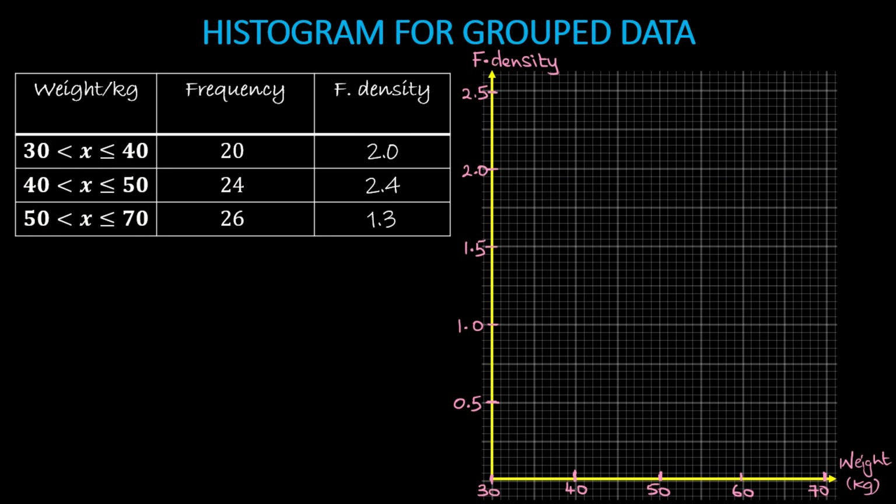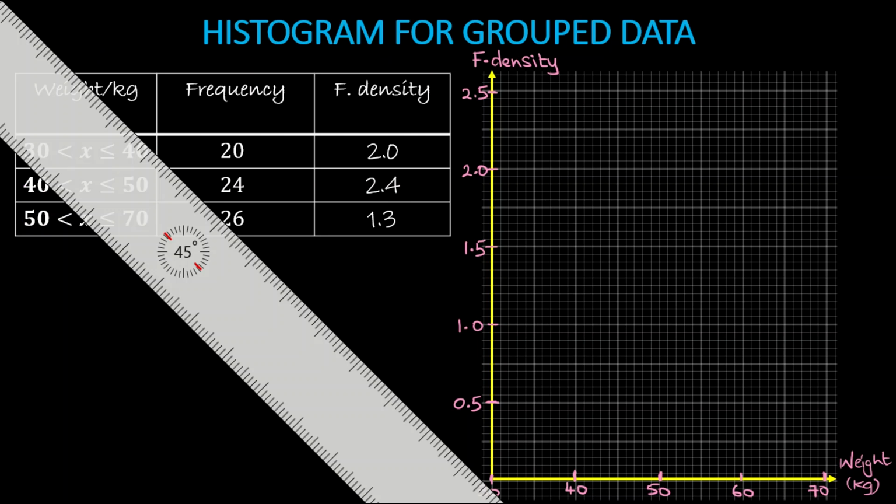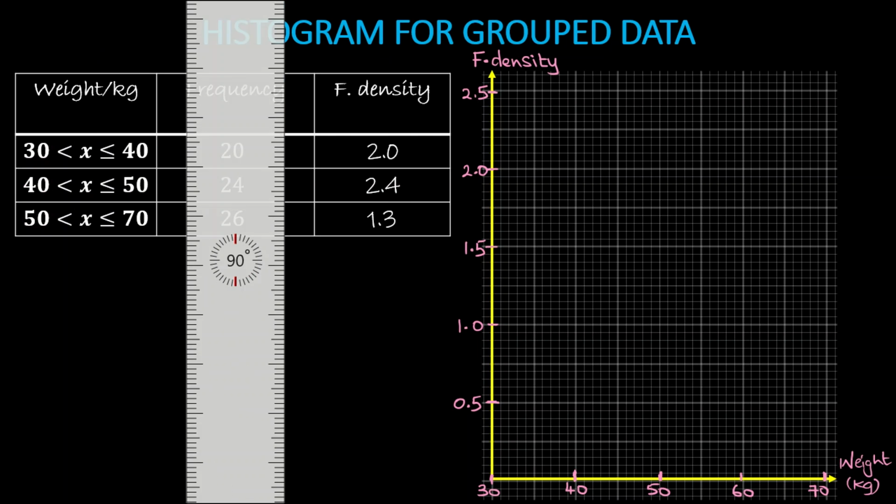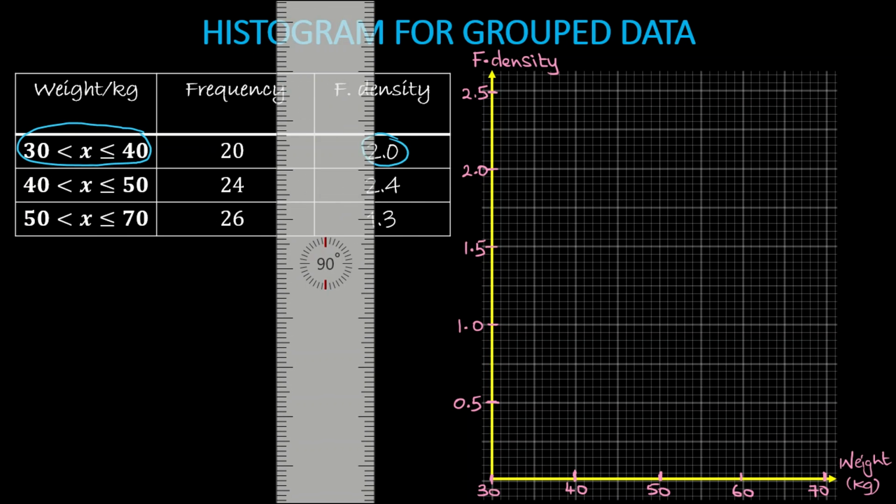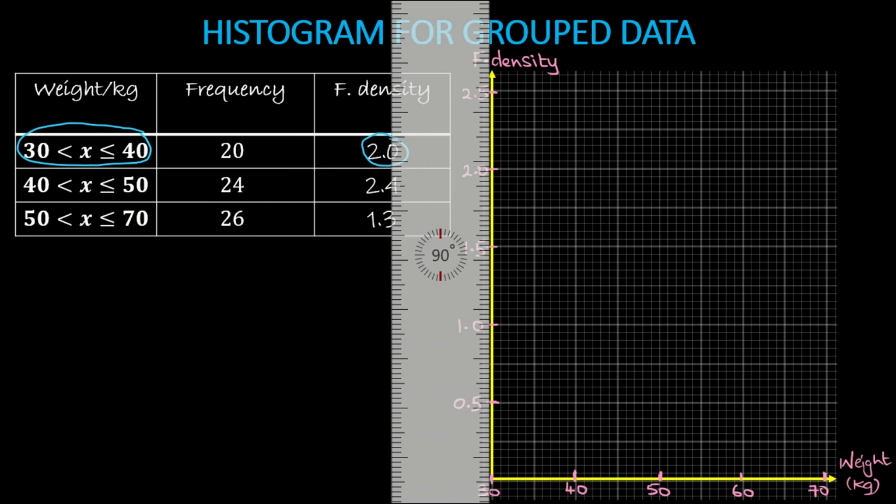So for this we have to use a ruler, of course, right? The first interval is the interval from 30 to 40, and the frequency density is 2.0, right? So we take our ruler. On the horizontal axis we are at 30 here.